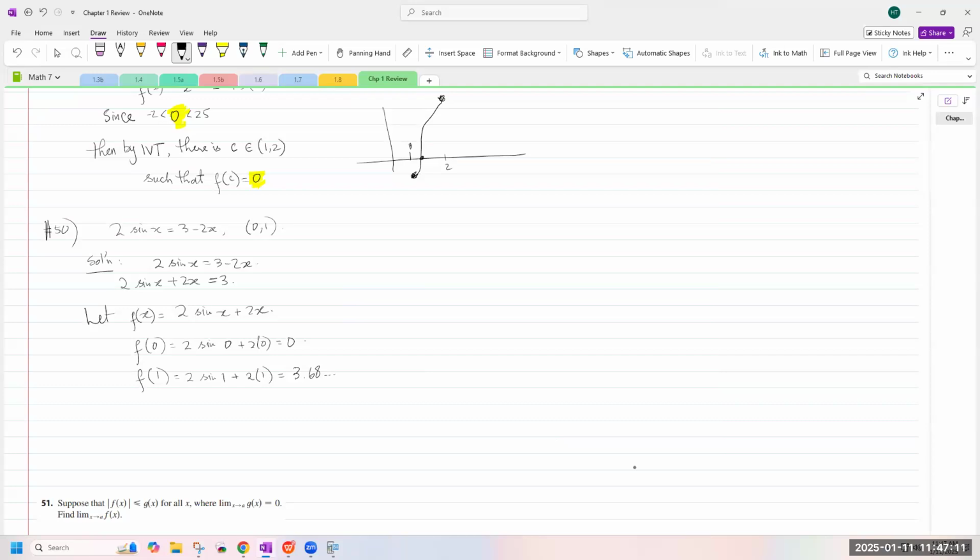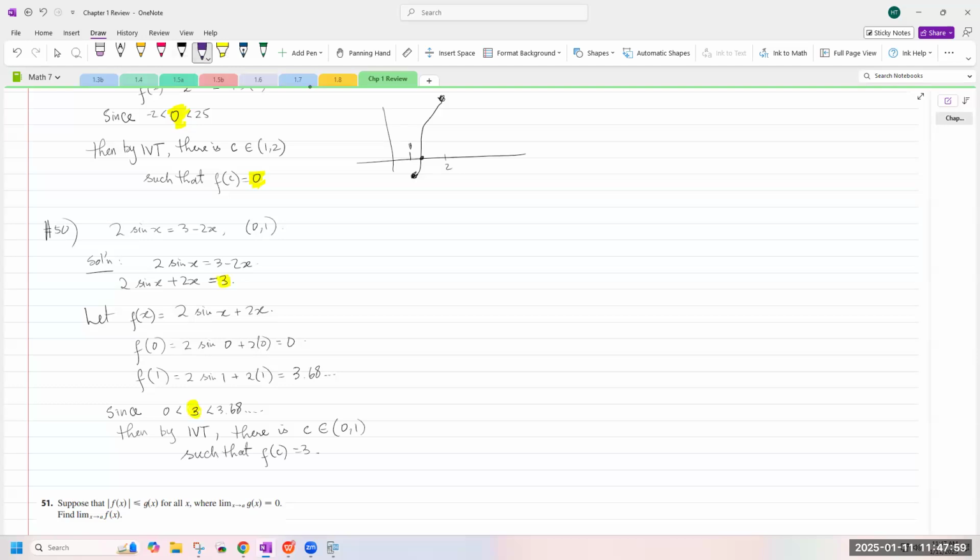Okay, now since the number 3 to which the equation should equal is between 0 and 3.68 something, then by intermediate value theorem, there is a number in the interval between 0 and 1 such that f(c) equals 3.